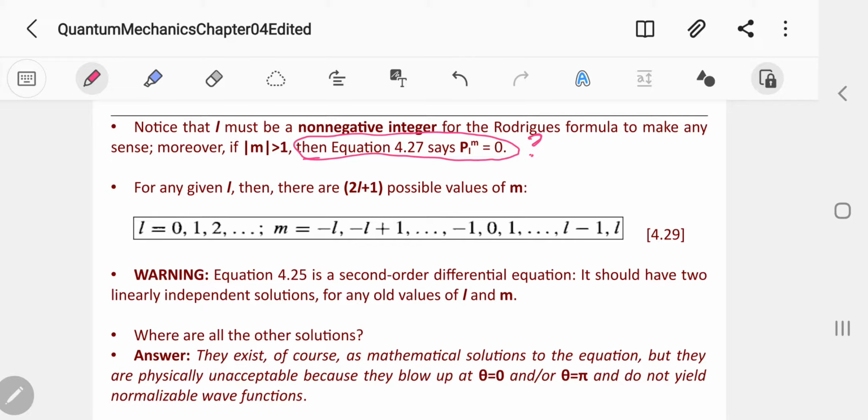Let's check it in the book. Okay, so if you have L equal to 1 and if m is greater than 1, P_L^m would be 0.